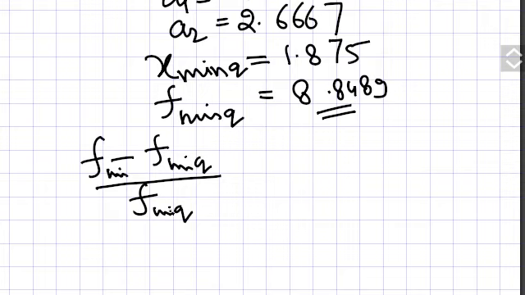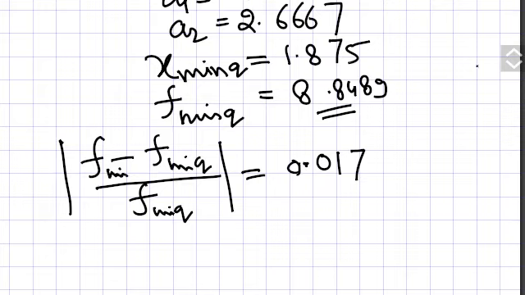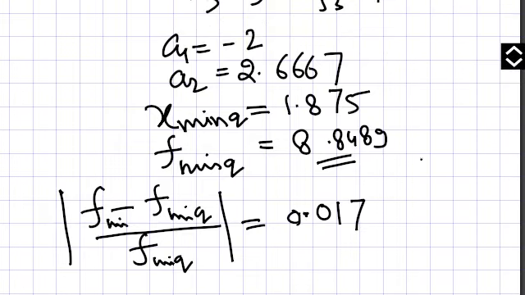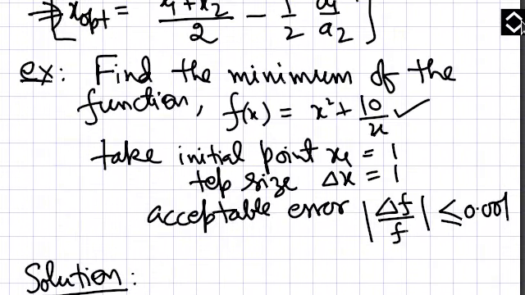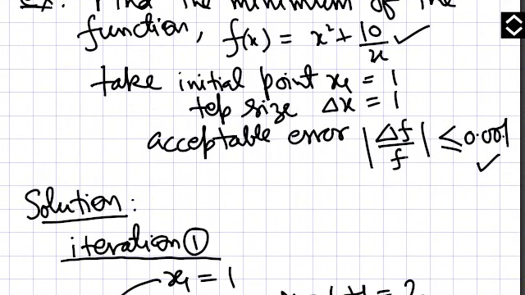It is the fractional error actually, and if you calculate it, you will find it to be 0.017. So at this time the error is much more than the acceptable error, that is 0.001.